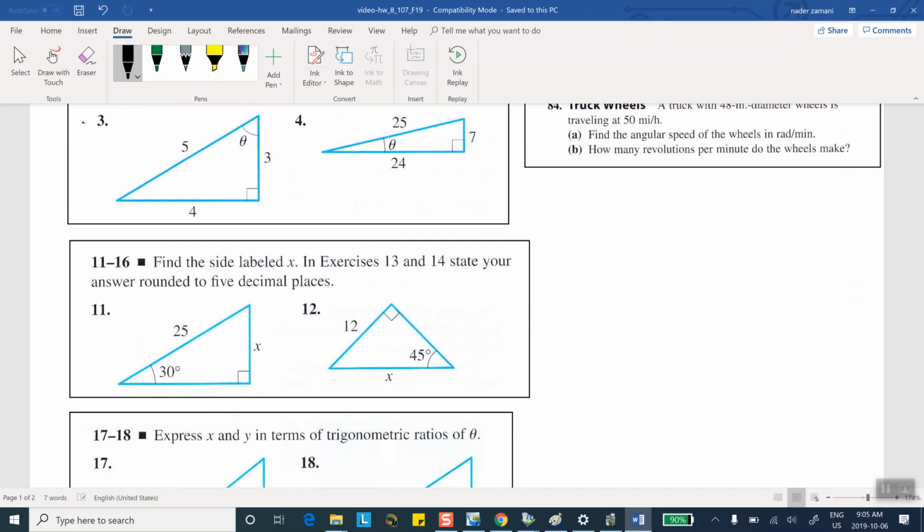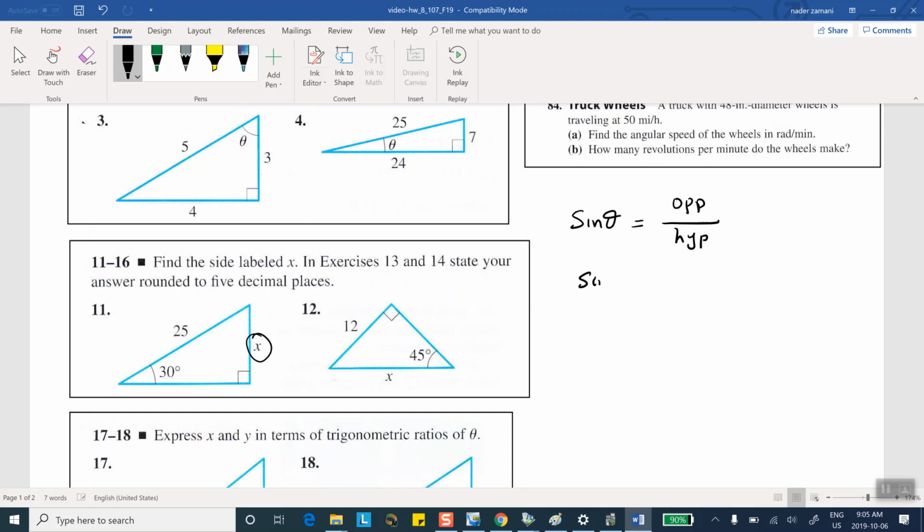Number 11, it says, okay, find the side labeled x, so find this, and state your answer rounded to 5 decimal points. Okay, so what we have to do is, here we're going to write, for example, sine of theta is equal to opposite over hypotenuse, okay?